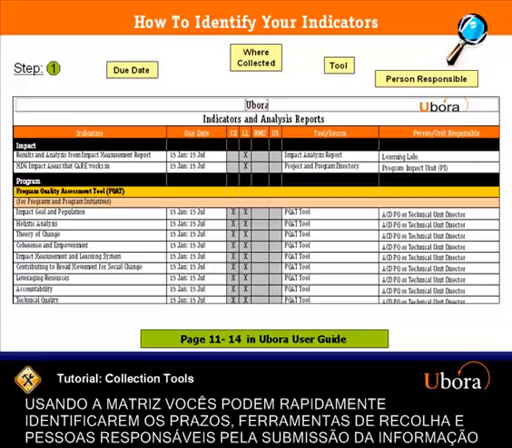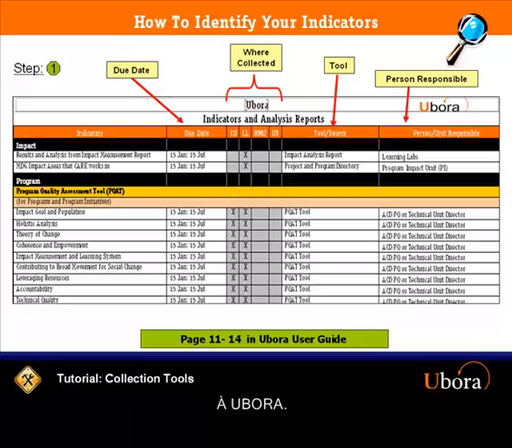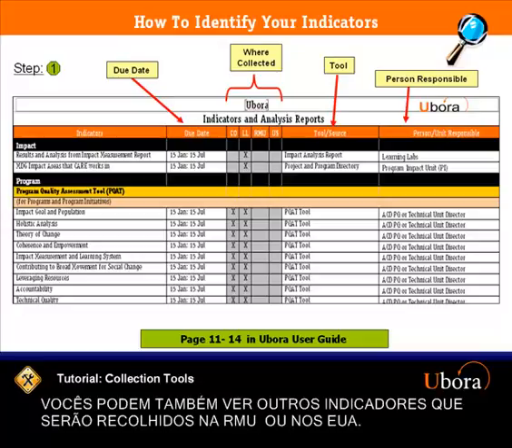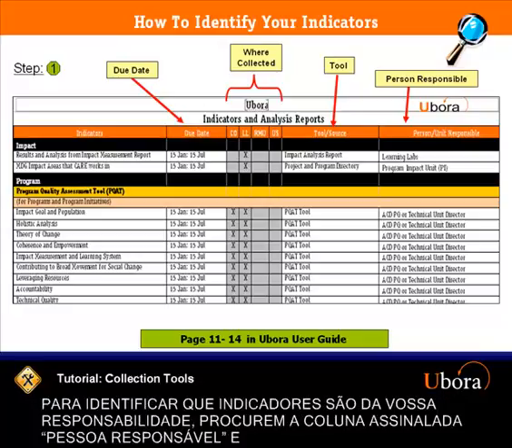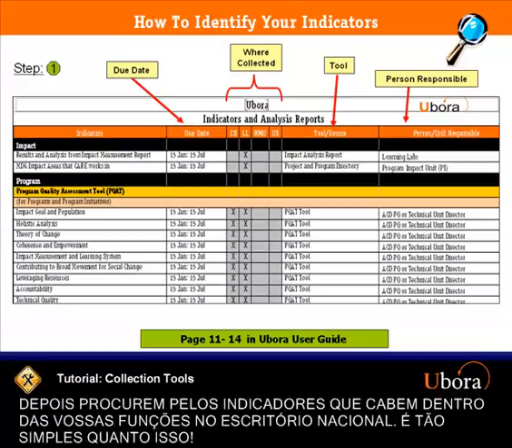Using the matrix, you can quickly identify due dates, collection tools, and persons responsible for submitting data to Ubora. You can also see the other indicators that will be collected in the RMU or US. To determine which indicators you are responsible for, look for the column marked Person Responsible, and then look for the indicators that fall within your duties in the country office. It's as simple as that.